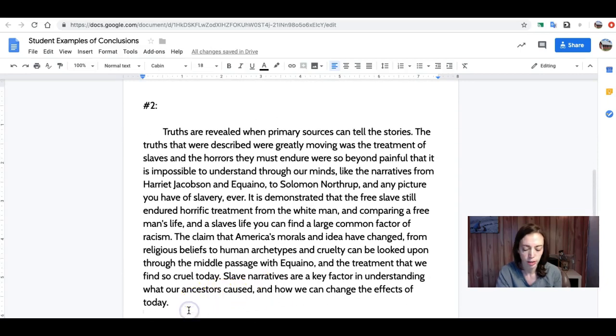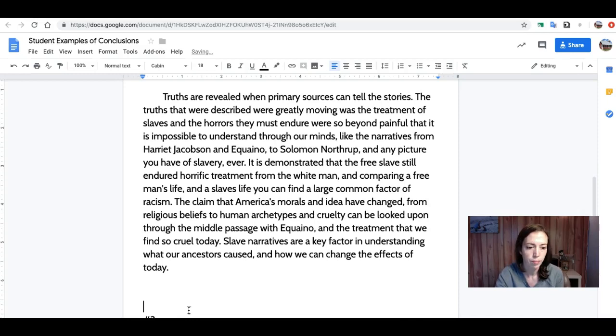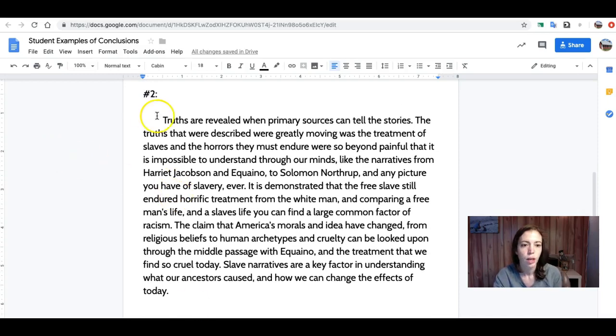Now, in this one, whoopsie, we've got the restatement of the thesis again. We've got truths are revealed when primary sources can tell the stories. The truths that were described were greatly moving, was the treatment of slaves, and the horrors they must endure were so beyond painful that it is possible to understand through our minds.